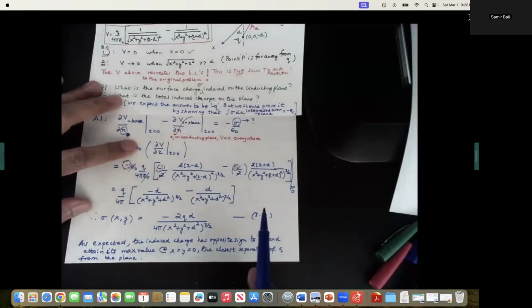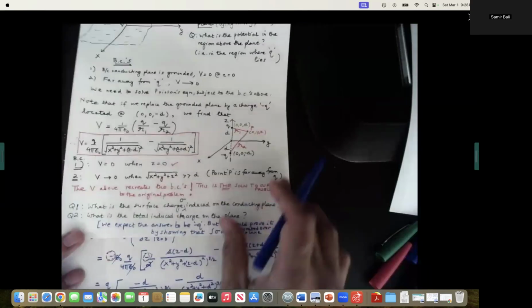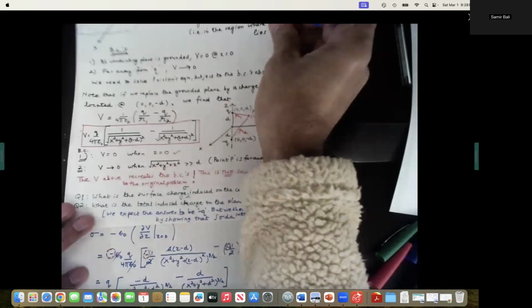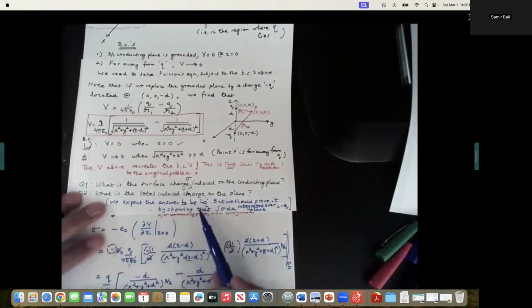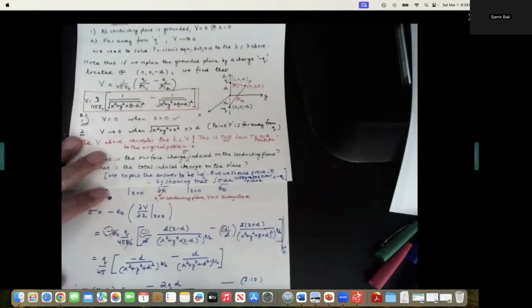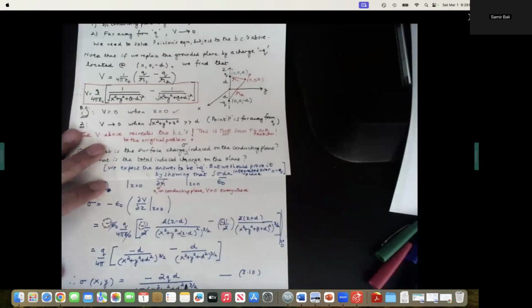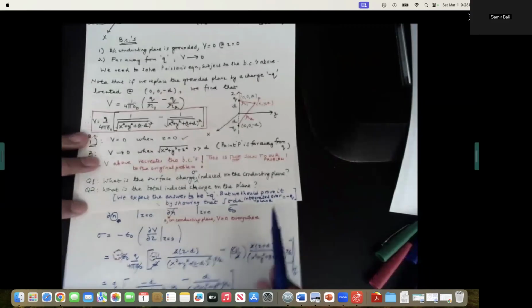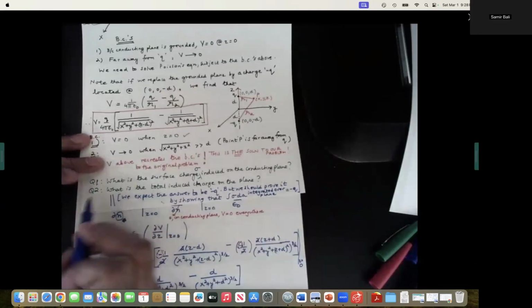Finally, answer 2, I already discussed here that you expect the answer to be negative q, but we should prove it by integrating this over the plane. Okay, and proving that it's minus q. And for that, you can look at the book.